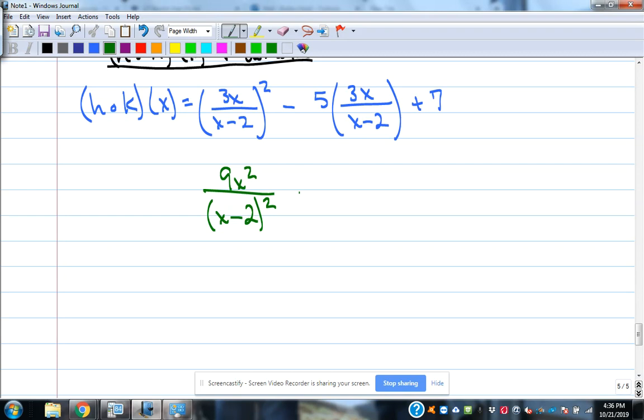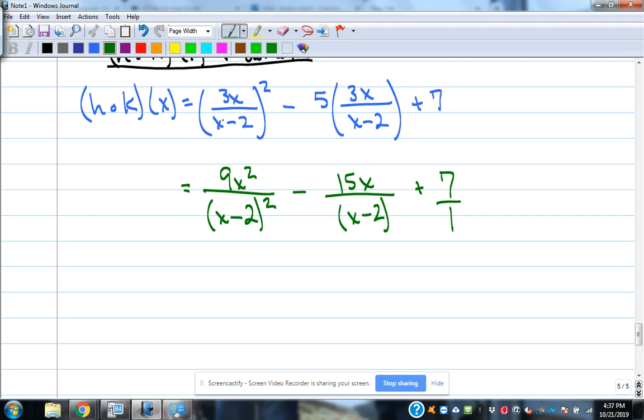And then the second fraction, I've got 5 times 3x would be 15x, and then it's over just 1 x minus 2. And that's 7. Since everybody else is a fraction, he feels left out, so let's make it a fraction as well. Okay, so I want to simplify that.